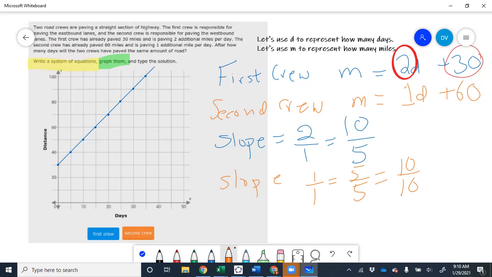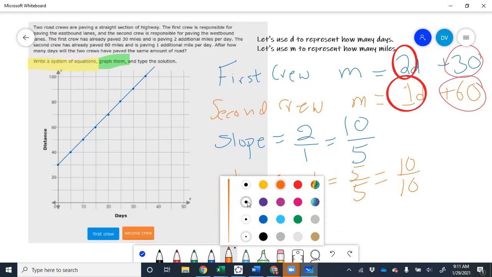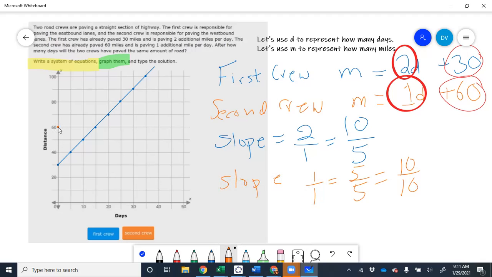Okay. So we'll want to start here at 60 for the orange graph. We'll want to make a point here at our intercept at 60. There's 40, 50, 60. And we'll want to go up 10 and over 10.